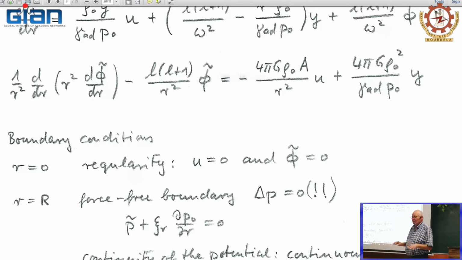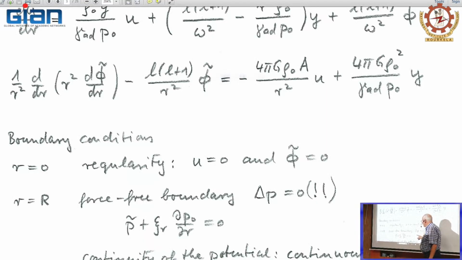They are not unambiguous, of course, as discussed already before, but the correct version of the boundary condition is setting the Lagrangian pressure perturbation equal to 0.